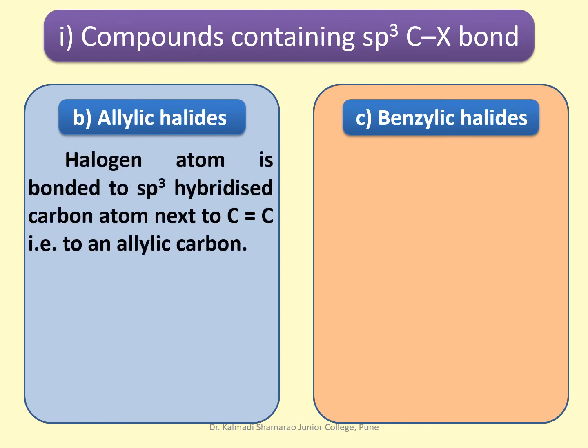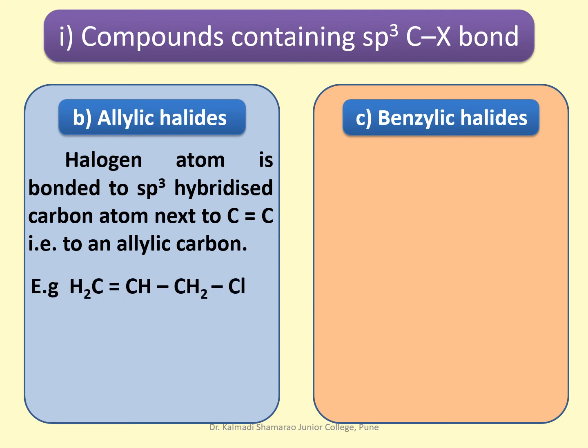In allylic halides, halogen atom is bonded to sp3 hybridized carbon atom which is adjacent to carbon-carbon double bond. Such a carbon atom is called allylic carbon.